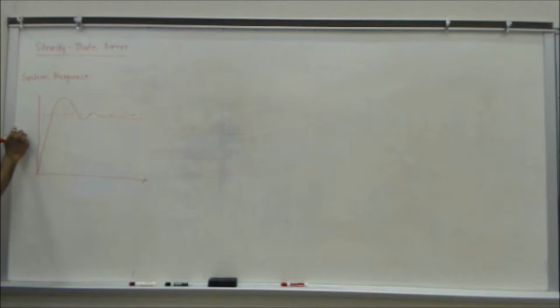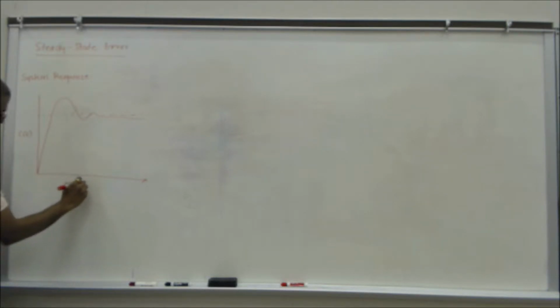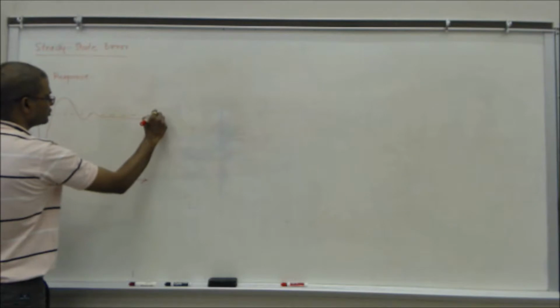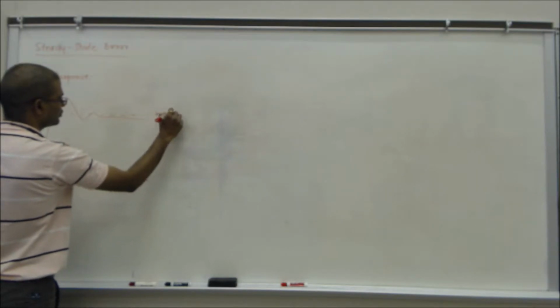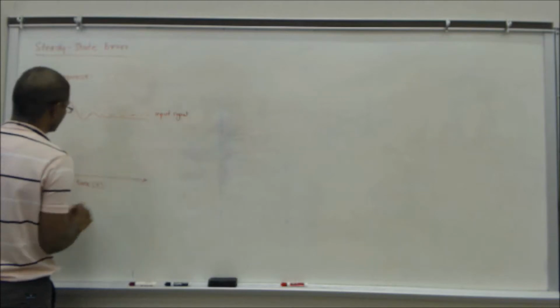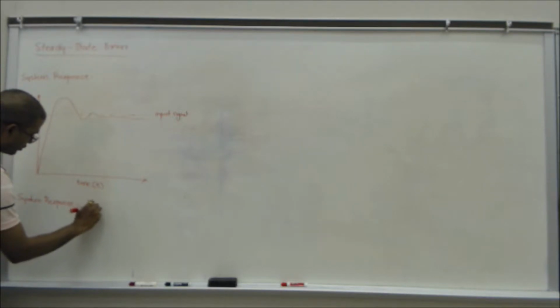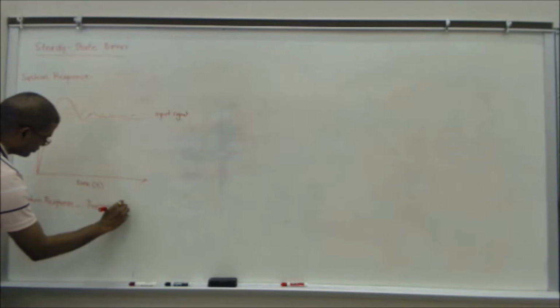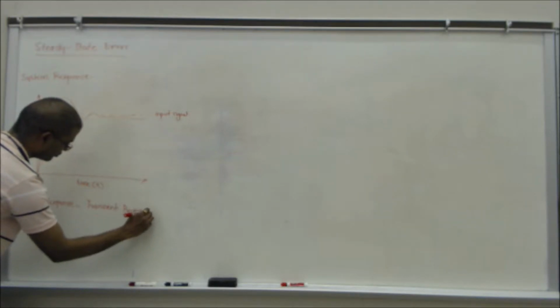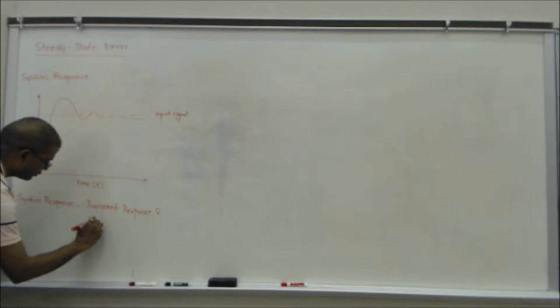So you have this is the C of S, this is time t, and this is B. System response itself, as we discussed, can be divided into transient response and steady state.